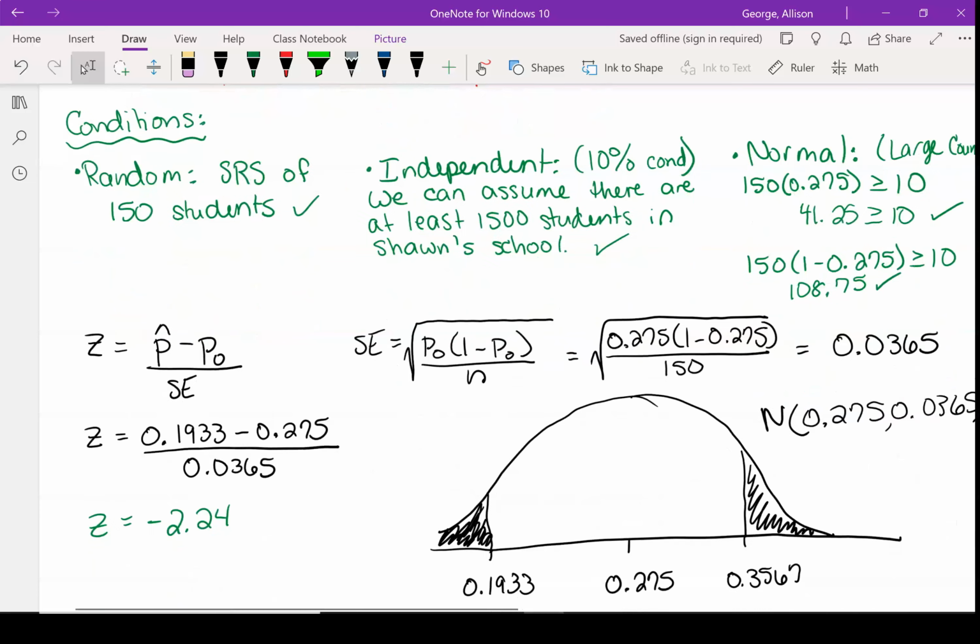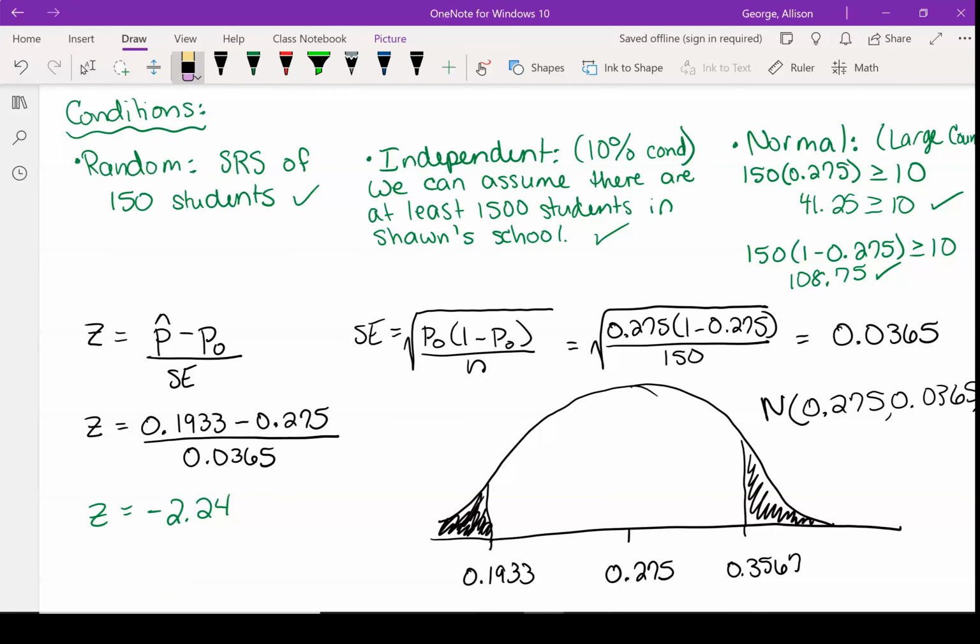Now, what's different is that when we are dealing with two-tailed hypotheses, we end up having to do something slightly different with table A. Over here on the left, this piece is based off of our p-hat. But our alternate hypothesis was saying just that p couldn't equal our p-null, 0.275. It just had to be different.